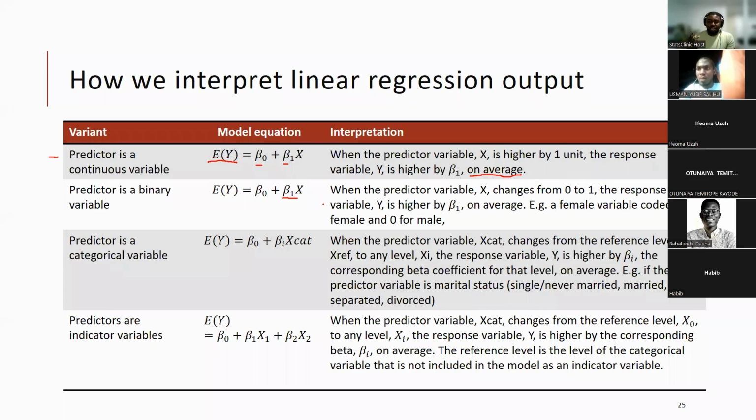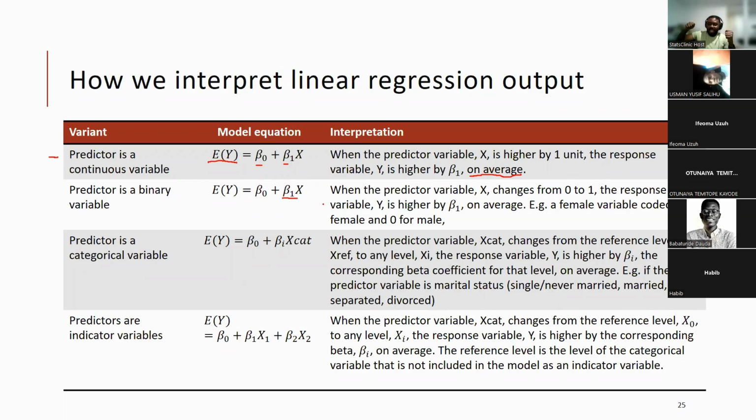If you have a categorical variable with 3 categories, underweight, normal, and obese, and normal is the reference group, you will have beta 0, which is the working hours in the reference group, the normal weight, beta 1, which is the working hours in the obese group, and beta 2, which is the working hours in the underweight group.